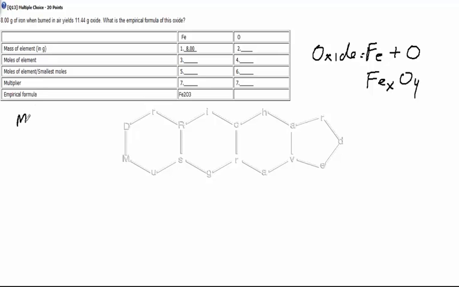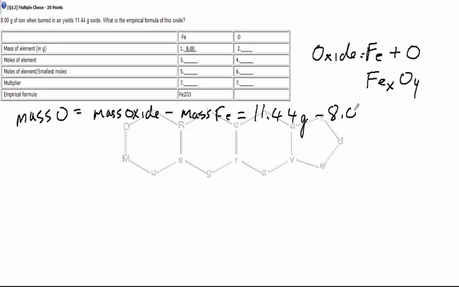So the mass of oxygen in the compound is going to be given by the mass of the oxide minus the mass of the Fe, which in this instance is 11.44 grams minus 8.00 grams, and that's going to be 3.44 grams of oxygen in the compound. So just read oxide as being the compound of iron and oxygen.